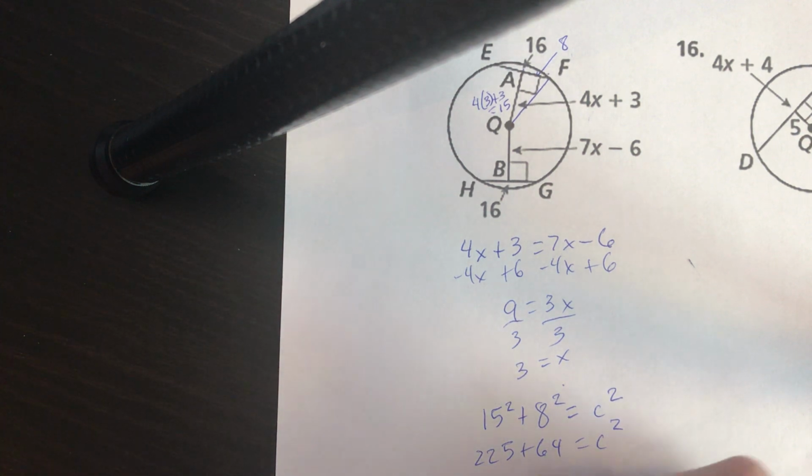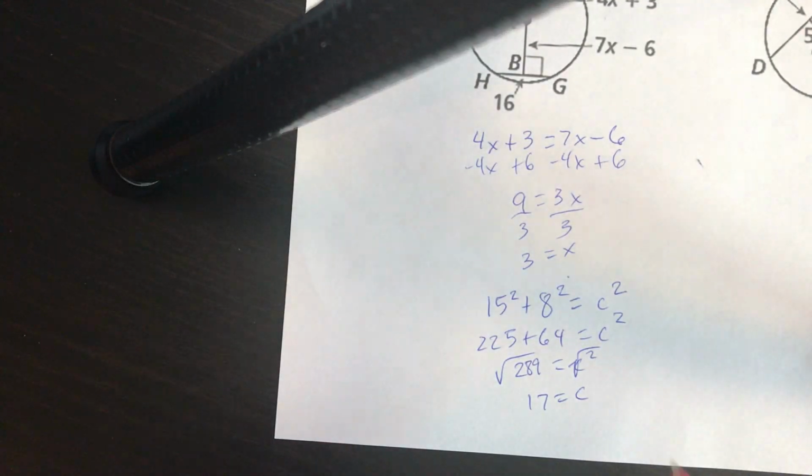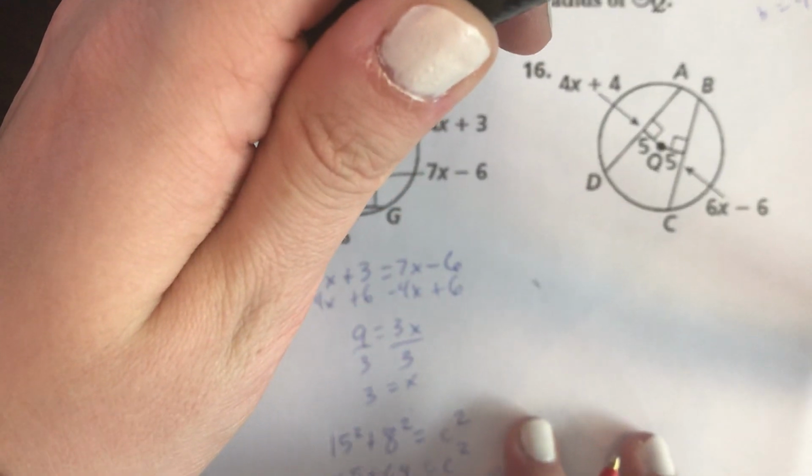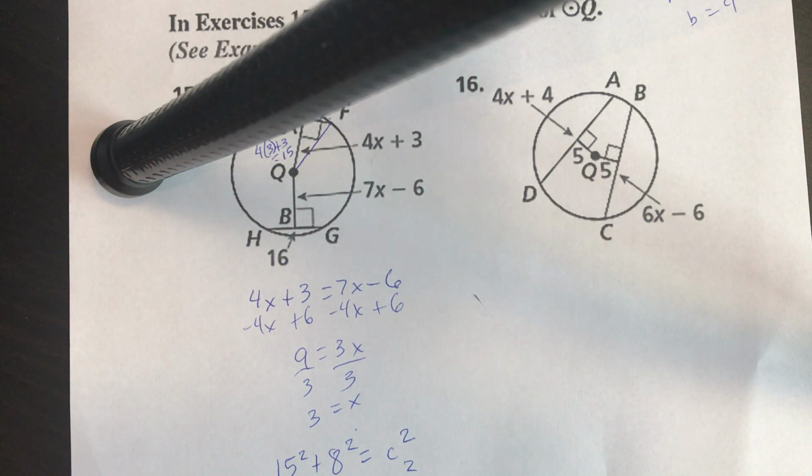Okay, so I got 289, and then I took the square root, and this is 17. So my radius is 17. All right, pause the video and try this last one. Then I'm gonna go over it real quick.